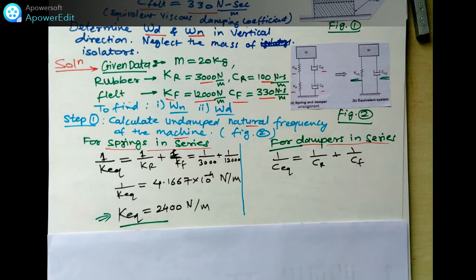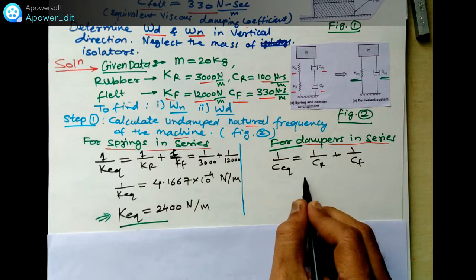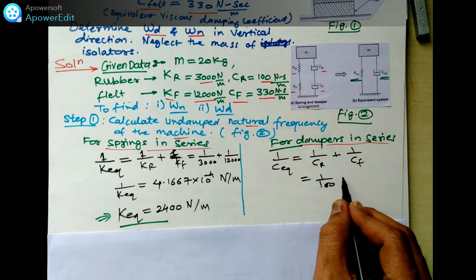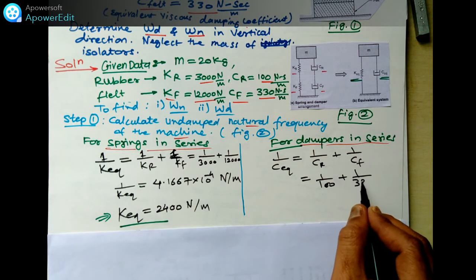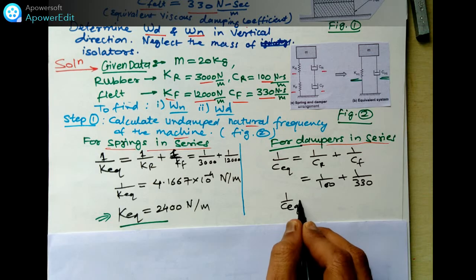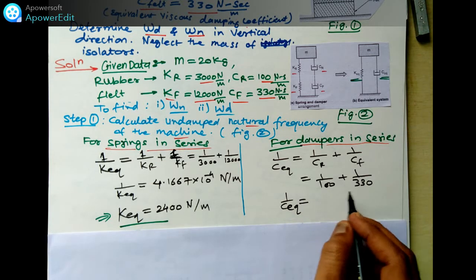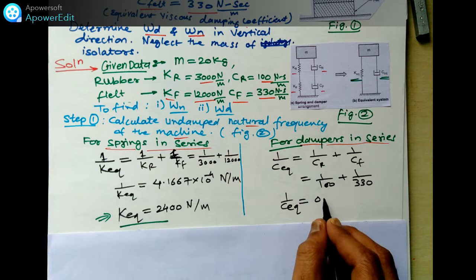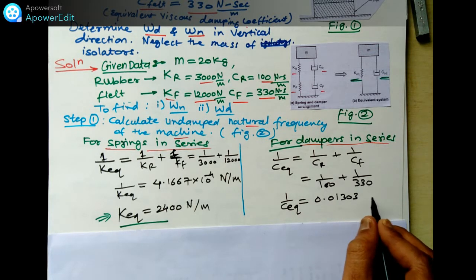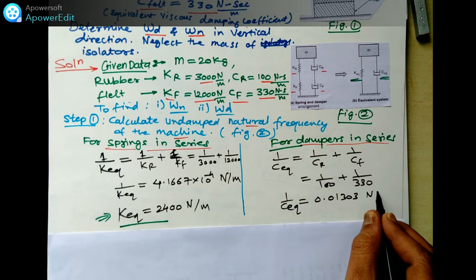The values of Cr and Cf are given, so 1 upon 100 plus 1 upon 330. Solving this, 1 upon C equivalent is 0.1303.